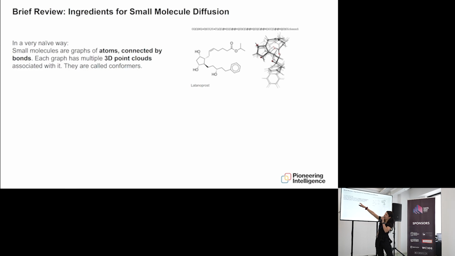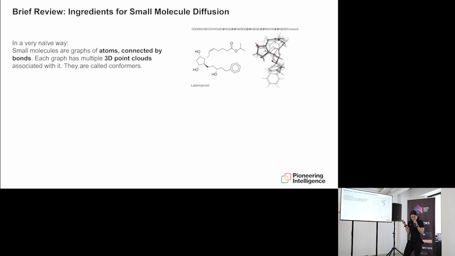This 2D graph has multiple 3D point clouds associated with it. And those are called conformers. This is what you see to the right. So in nature, this 2D graph is actually able to have different conformations and different degrees of freedom. So you will usually find that something like the aromatic ring, which we also like to call a fragment, will never twist into itself, but you will see that there are more flexible points where this part could come out here or go into the screen.